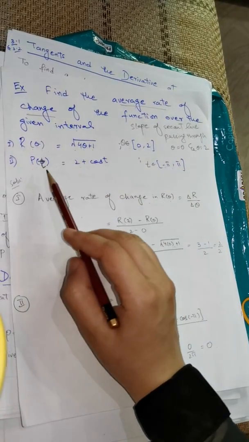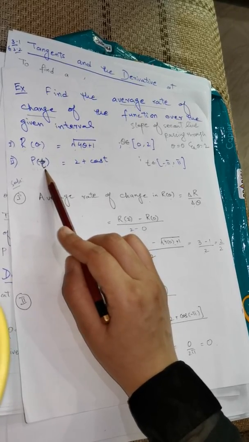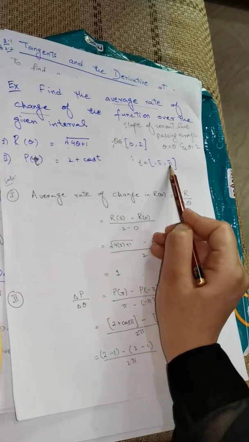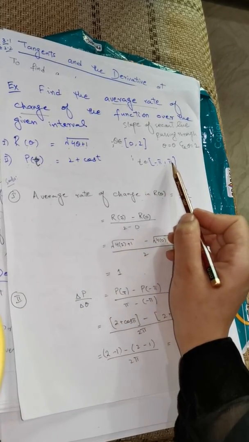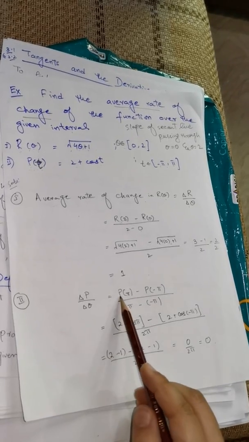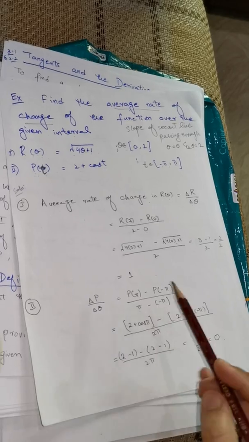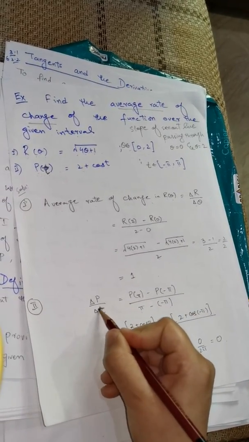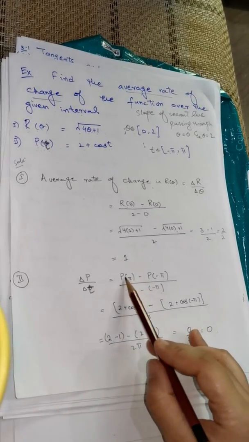So what is the average rate of change in p? The average rate of change in p with respect to t is p of pi minus p of minus pi divided by pi minus minus pi. We will write it here: delta p over delta t. So how do we calculate p of pi?